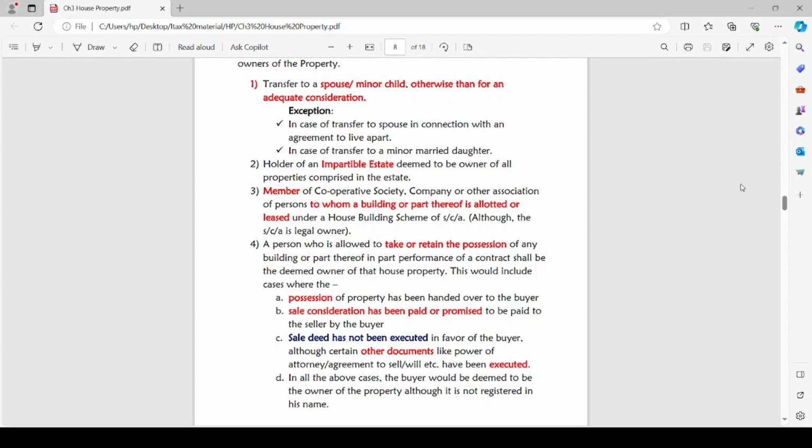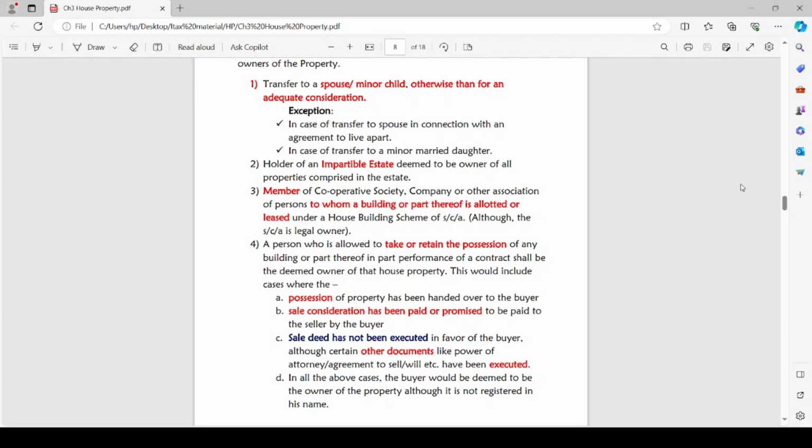In case of transfer to a minor married daughter, the assessee has transferred the house property to the minor married daughter. In such a case, on paper, the minor married daughter is the legal owner, and also for tax purposes, she will be the owner of the house property.